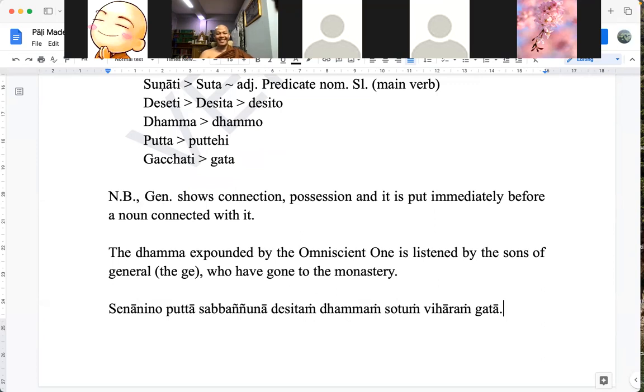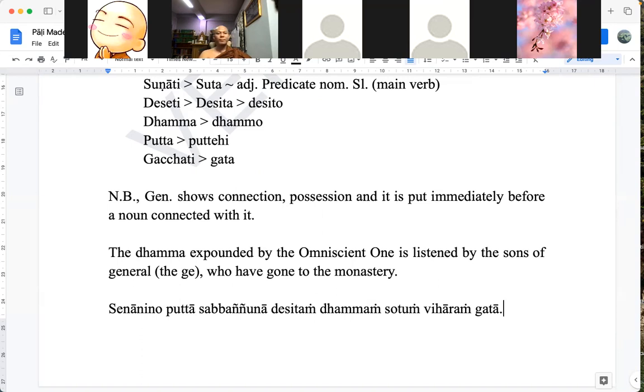It was gachanti before. So this can be either gachanti or gachati or gata, both can be, and the meaning stayed the same. You said present, that is a present verb. But if we write gata, present tense is possible, past tense possible, present perfect, and past perfect also possible.